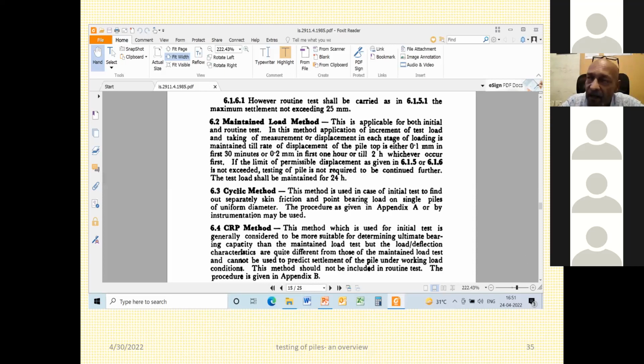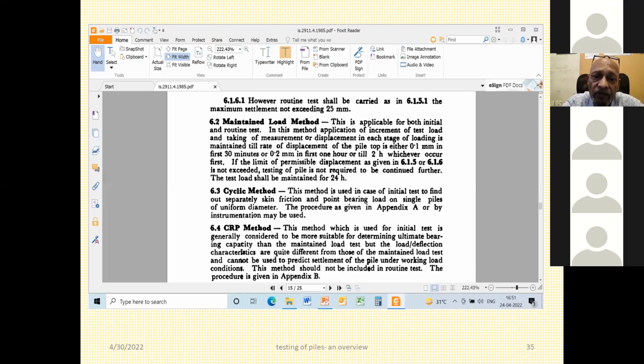And the cyclic method is almost the same. The only thing is that we measure the rebound of the pile while doing the unloading in a similar fashion. If we had done loading at 20% increment, then we unload also at 20% increment, and we measure the rebound of the pile because it comes up.